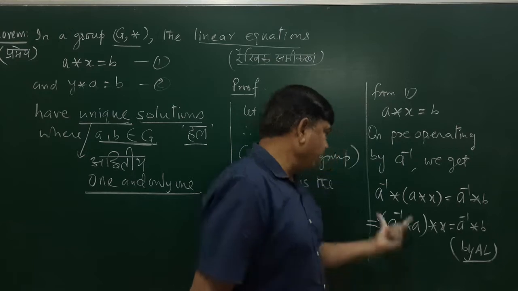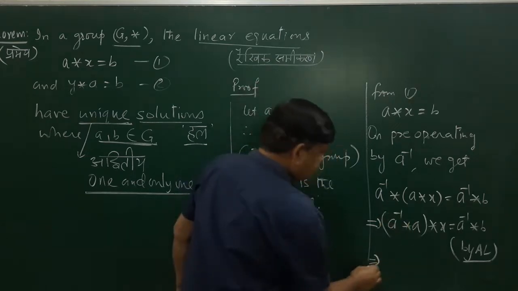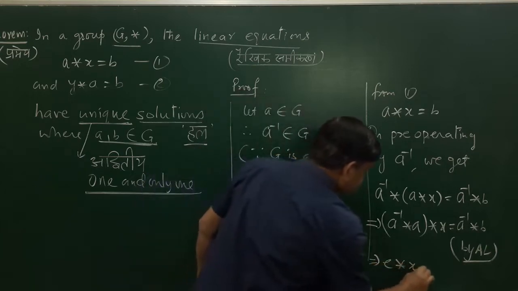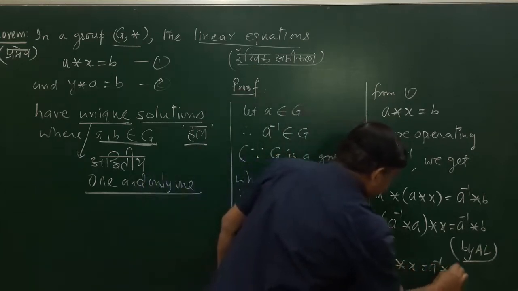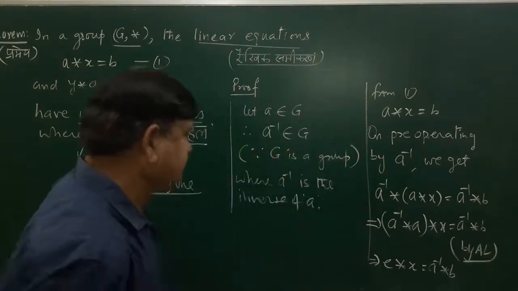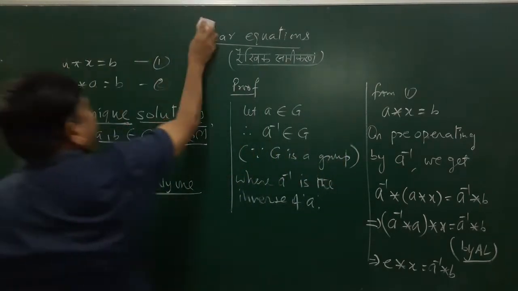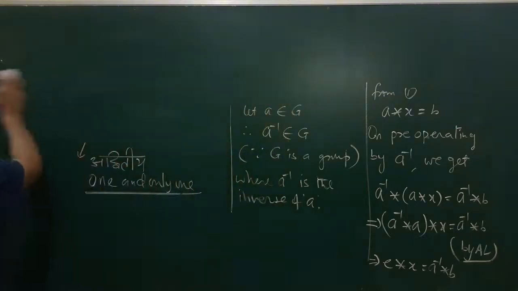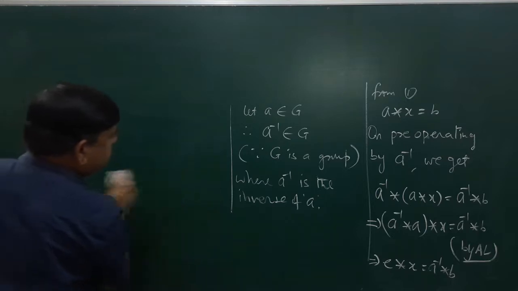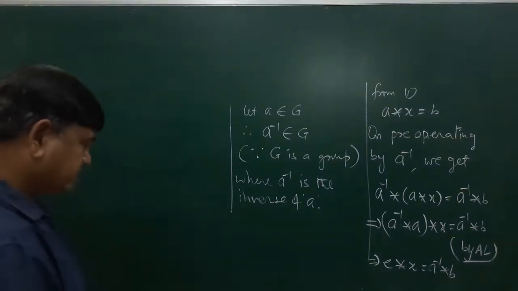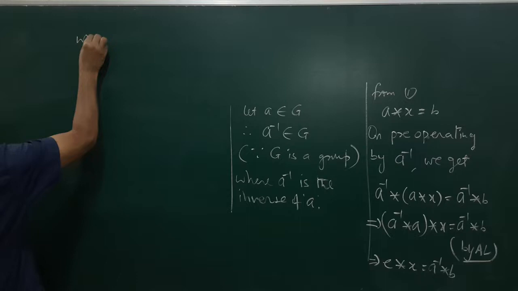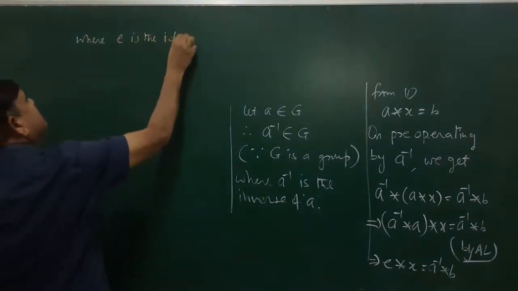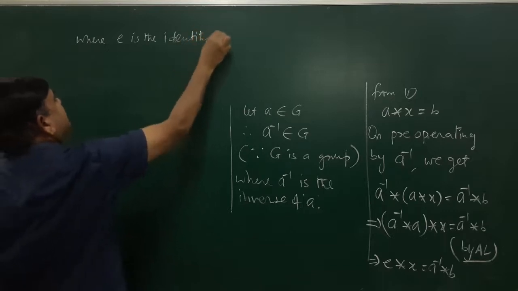एसोसिएटिव लॉ से, a inverse a is the identity, where e is the identity element.